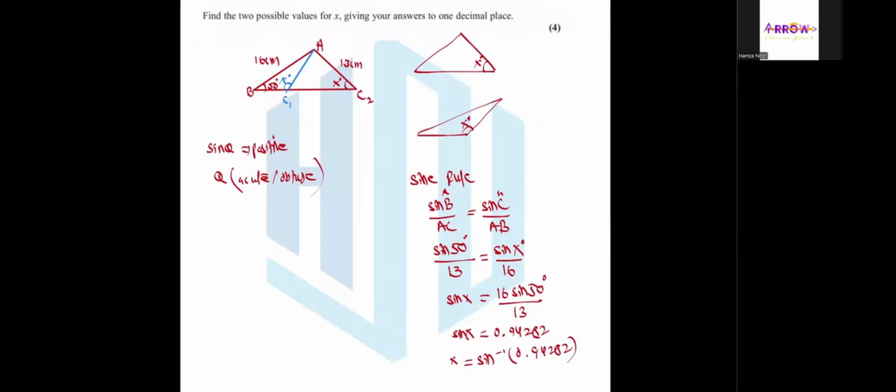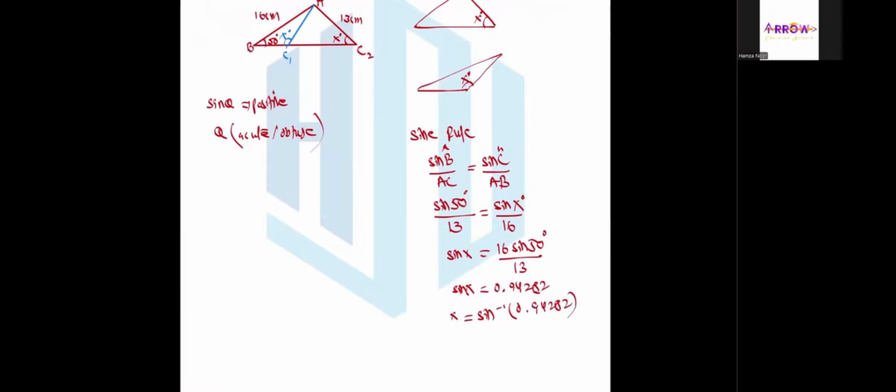If you put this in your calculator, sine inverse 0.94282, you are going to get an acute angle which is 70.531. Angle X is 70.531 if X is acute.